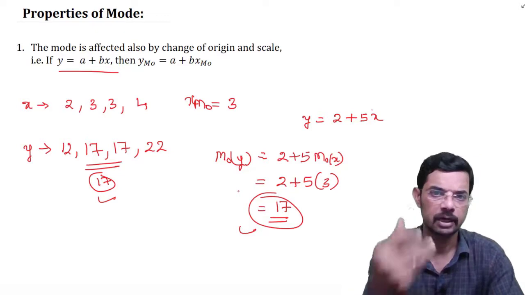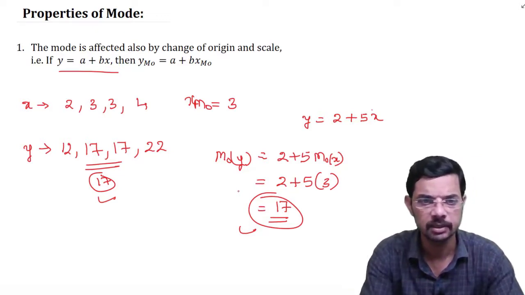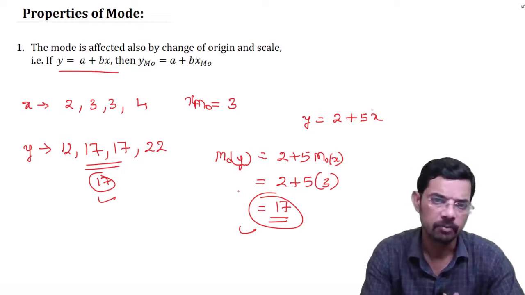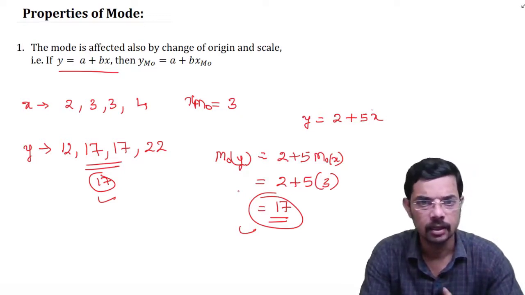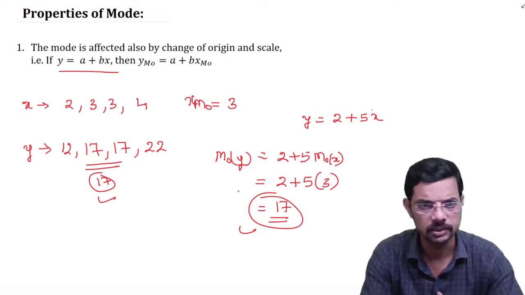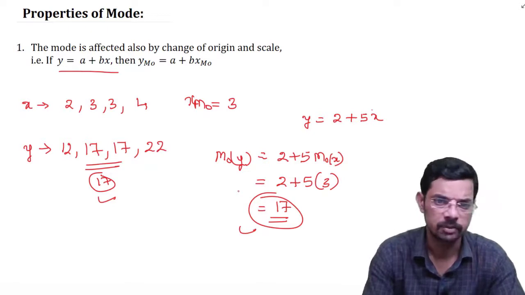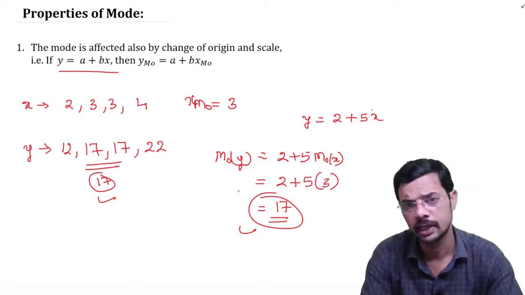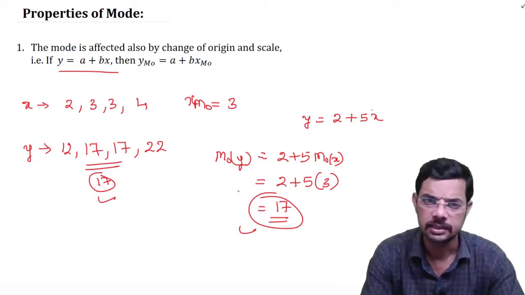So if you multiply each observation by something, the mode will also get multiplied by the same number. If you multiply or divide each observation by something, the mode will also be affected in the same way. Same way, if you add something to each and every observation, the mode also will get added by the same value.